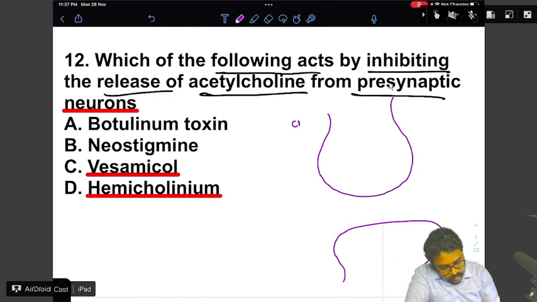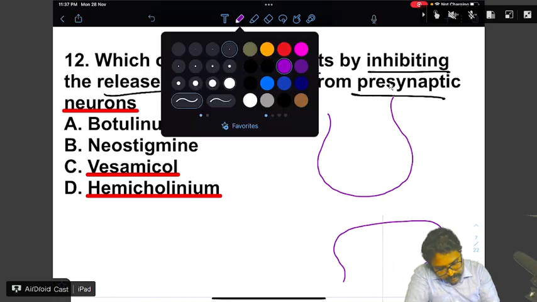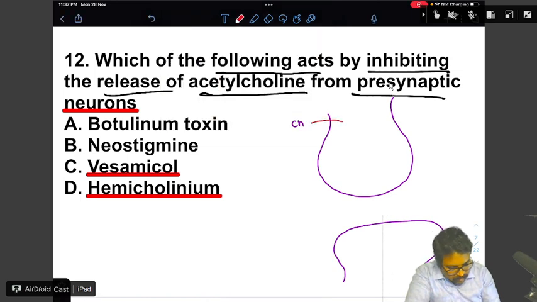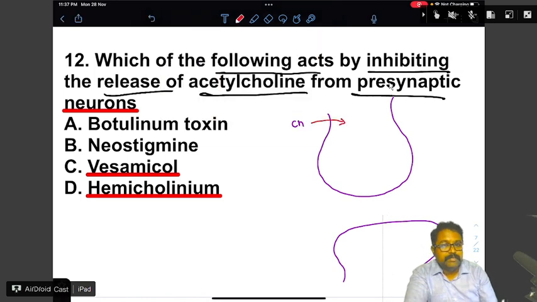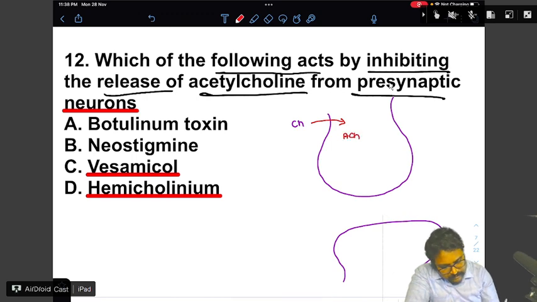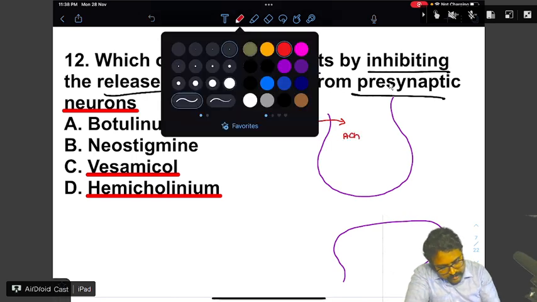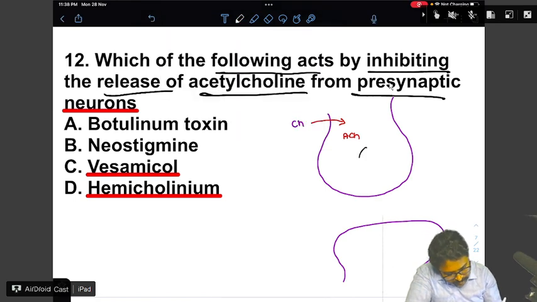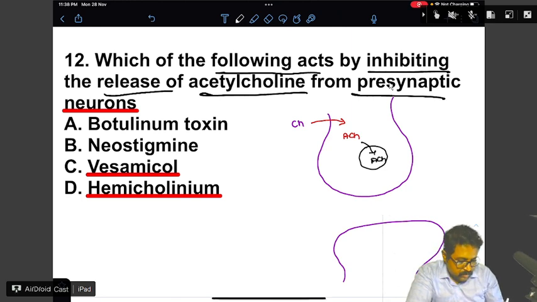The choline will be entering, and with the help of choline acetyltransferase, it forms the acetylcholine, and this acetylcholine will be taken up by the vesicles, and it will fuse to the presynaptic membrane whenever the action potential arrives, and it will be released.